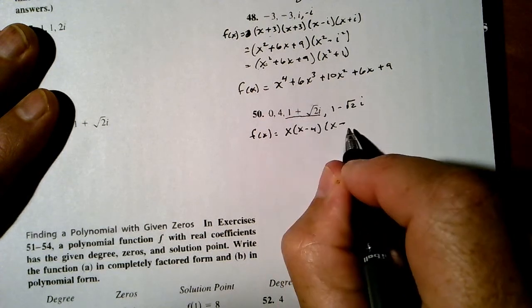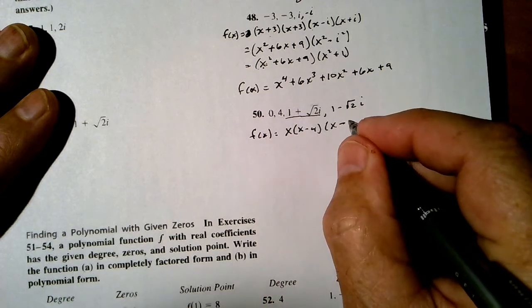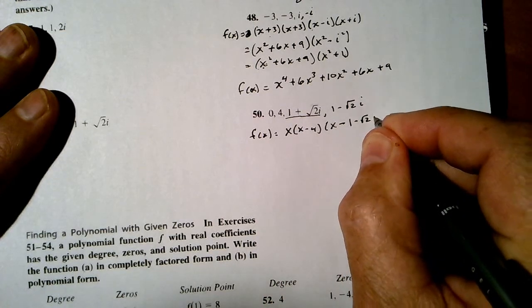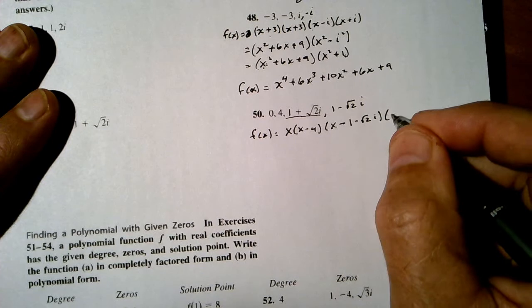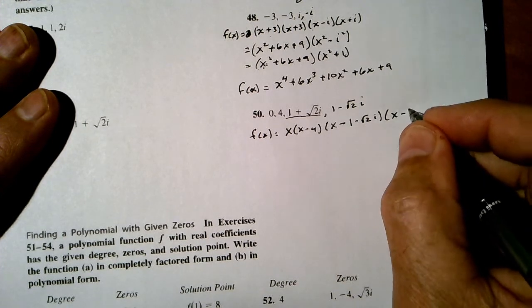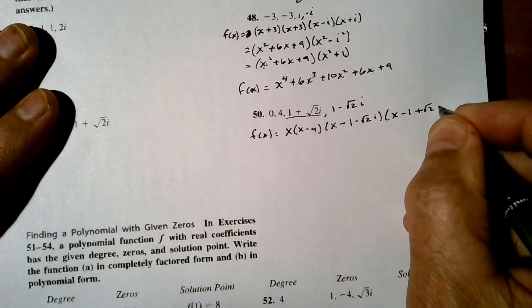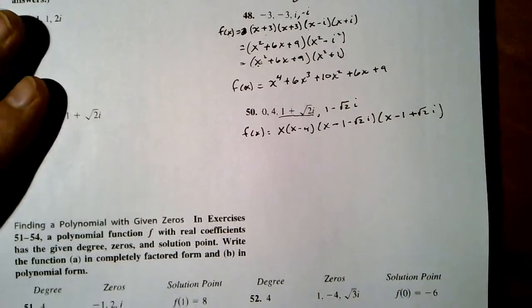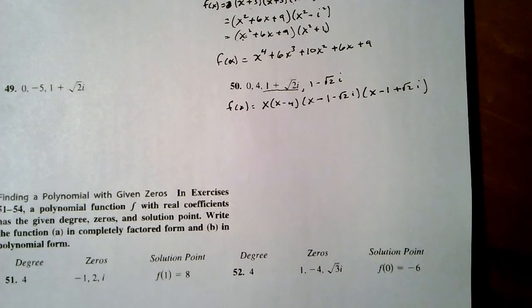Distribute the negative: x minus this would be x minus 1 minus square root of 2i, and x minus this one would be x minus 1 plus square root of 2i when I distribute that negative. Kind of writing uphill here.